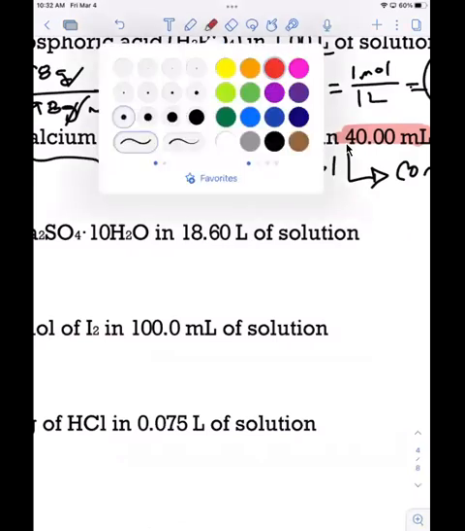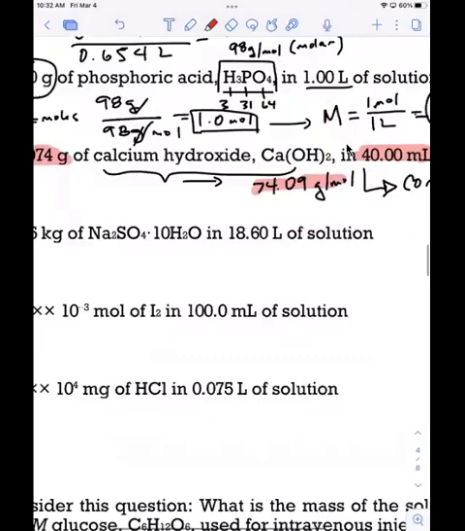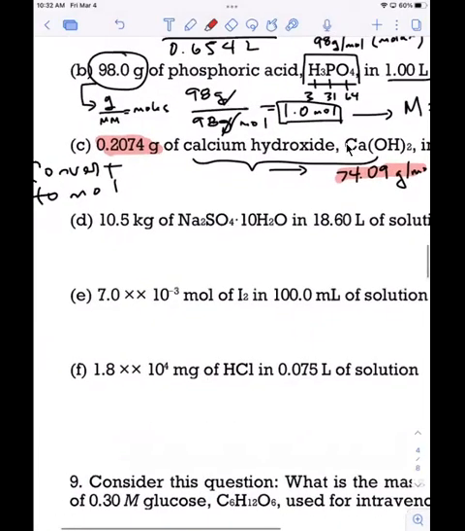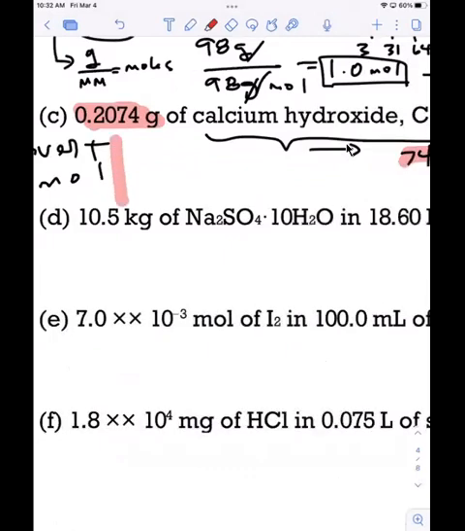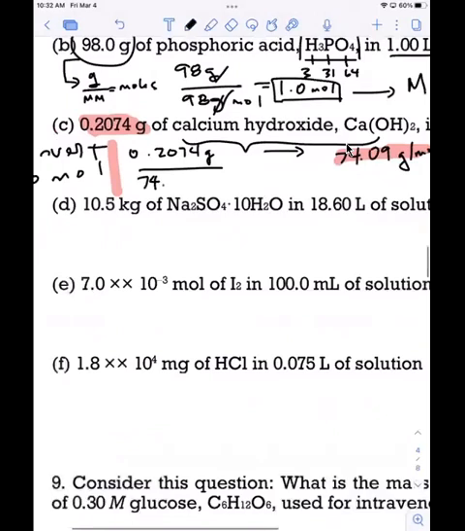That's our molar mass for calcium hydroxide. All right, so now we can go ahead and convert this. This is going to be 0.2074 grams divided by 74.09 grams per mole. So the grams are going to cancel.